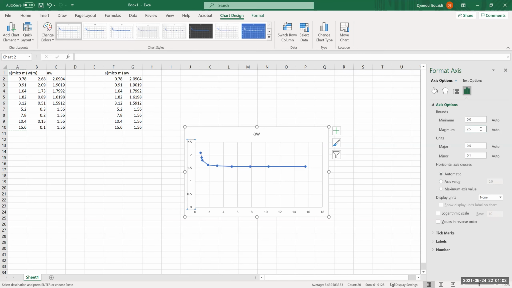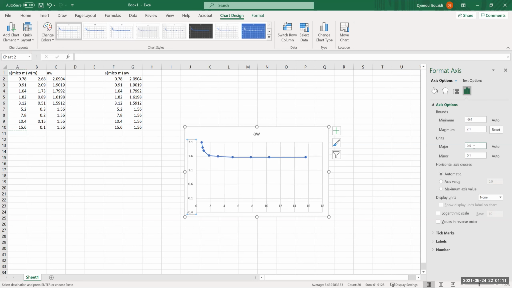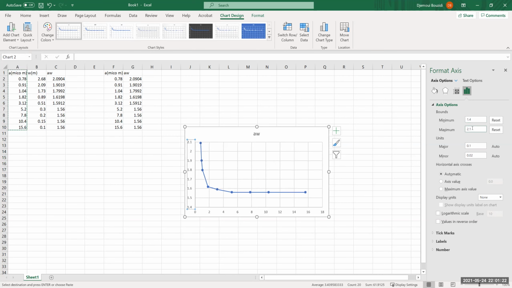Since the maximum value on the y-axis is 2, I'm going to do 2.1. Okay, how's that? And since the minimum value is 1.5, I'm going to put it at 1. That's going to fix the problem and give me a better analysis.